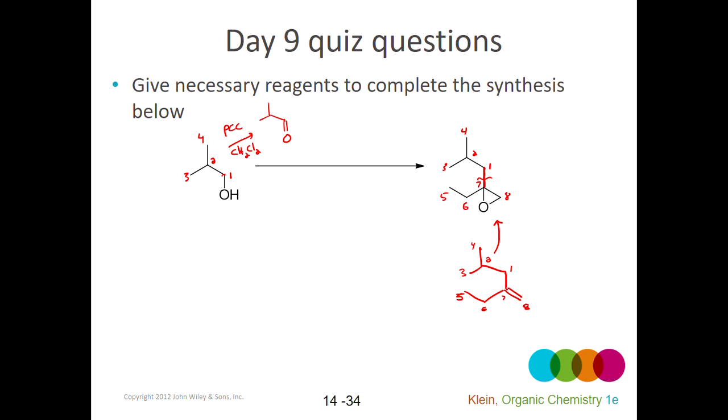And then if I want carbon 7 to attack it, I could get this 5, 6, 7, 8. Oops. I'll do it this way. Let's make this 5, 6, 7, and 8. I want an alkene between 7 and 8. I'll just put that in there.